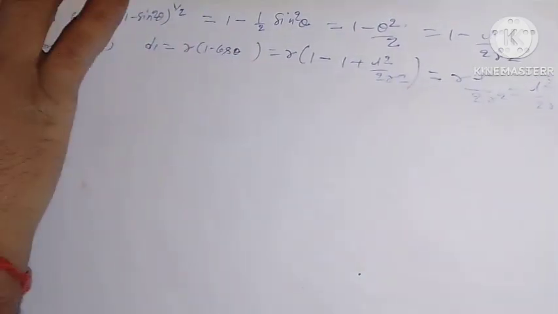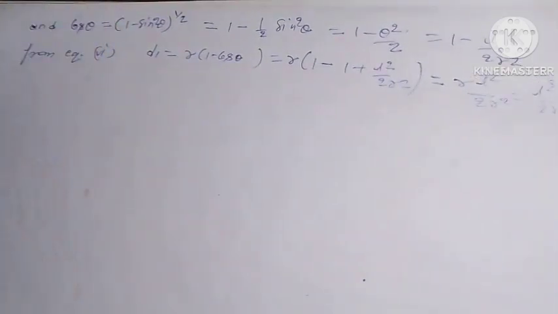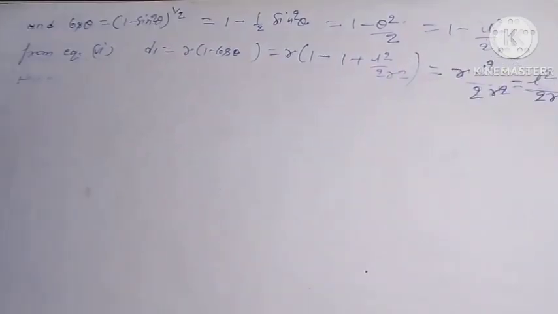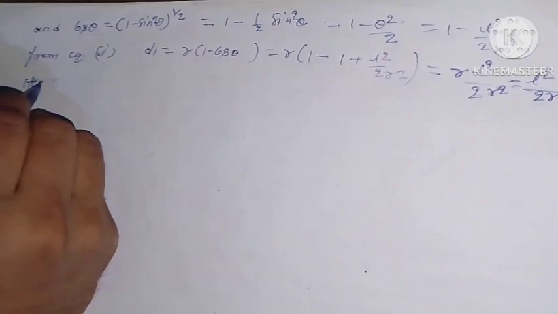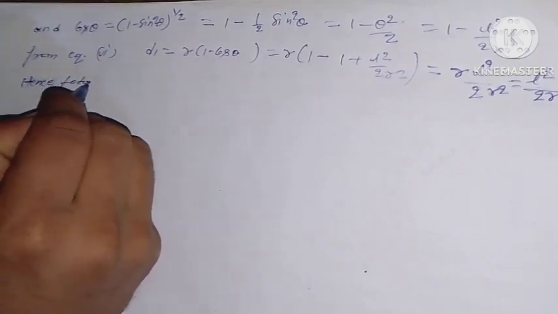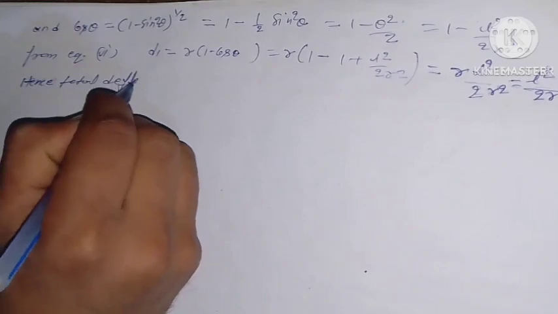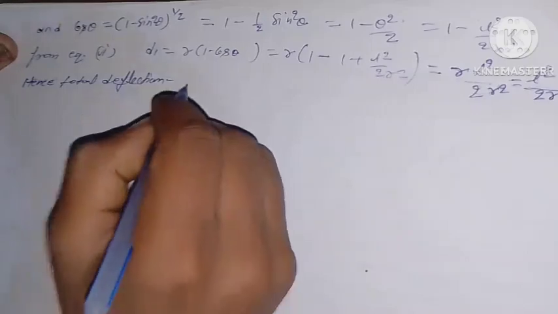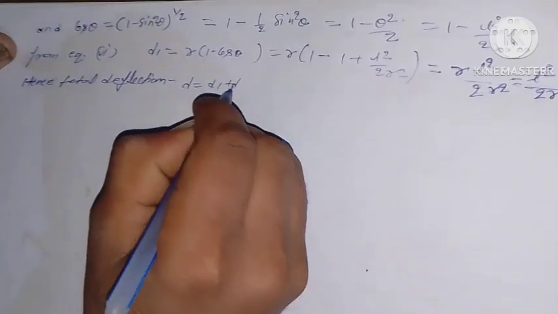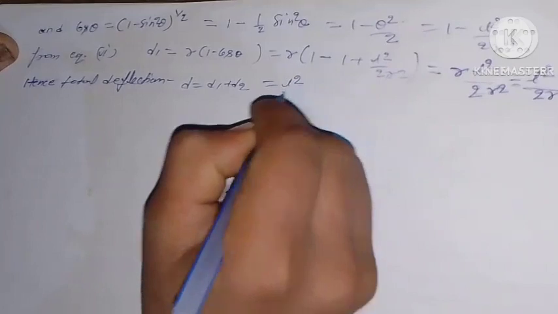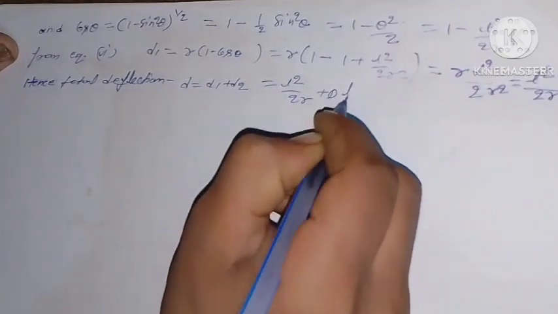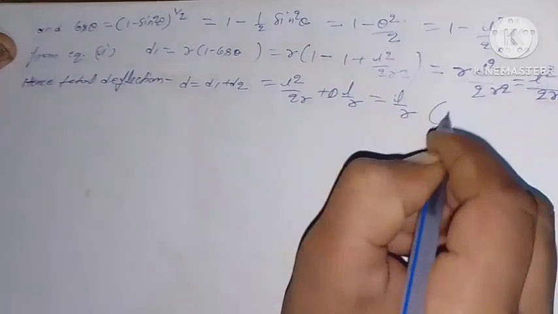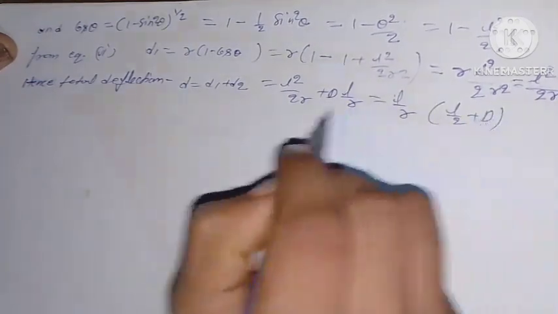Hence total deflection D equals D1 plus D2 equals L square by 2R plus DL by R, equals L by R (L by 2 plus D).